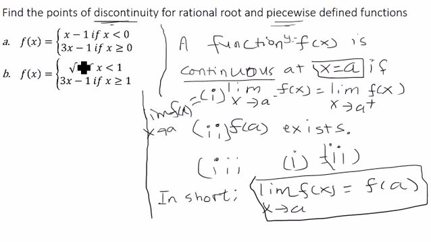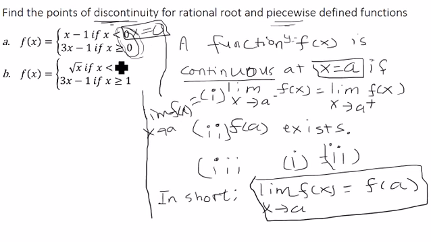So we look at the possible values of x where discontinuities may occur, those values of x where the branches are connected. One connection here is at x equals 0, because on the left side of 0 you have x minus 1, and on the right side of 0 you have 3x minus 1 as the second branch. So we look at x equals 0 as one of the potential points.